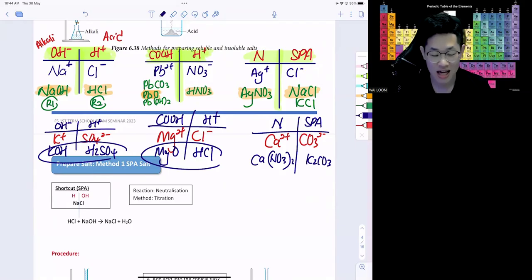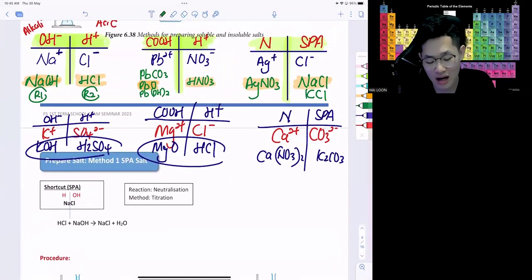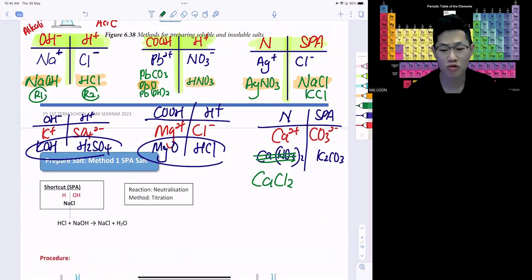Okay, so let's say in the lab, I can't find calcium nitrate. I can only find calcium chloride. Can I use this calcium chloride to replace my calcium nitrate?